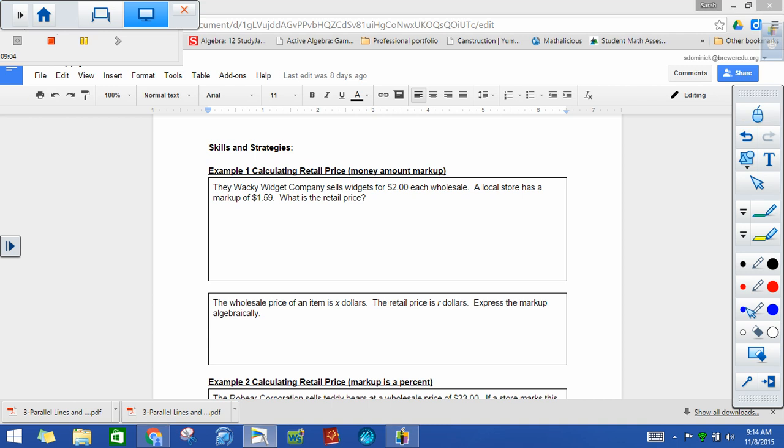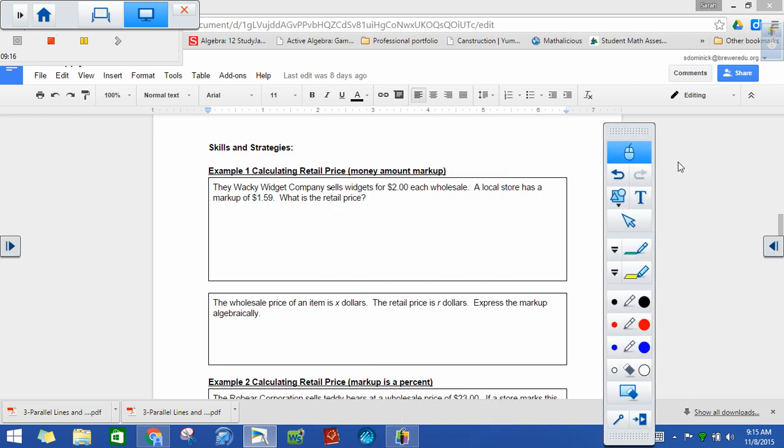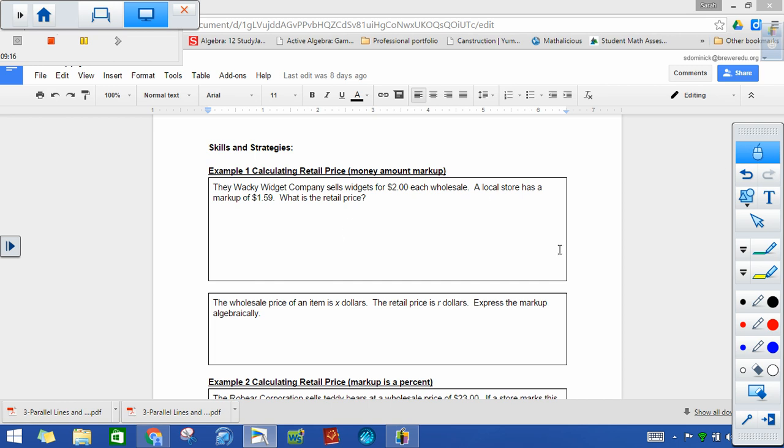Alright, so if your markup is just a given money amount, it says the Wacky Widget Company sells widgets for $2 each wholesale. Remember that wholesale means what the manufacturer, whoever's making these things, is going to sell it for. So it's what the big store is going to buy it for. So if your wholesale is $2, and this local store has a markup of $1.59, they want to know what the retail price is, what you and I would pay at the store.